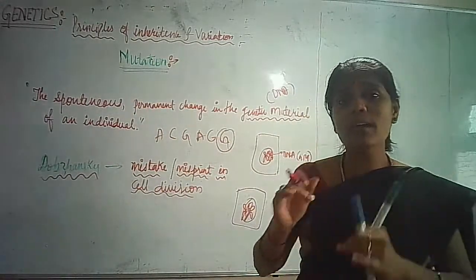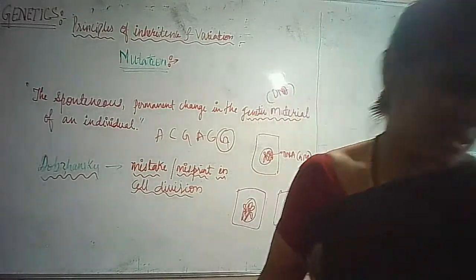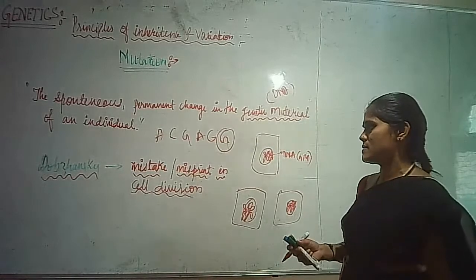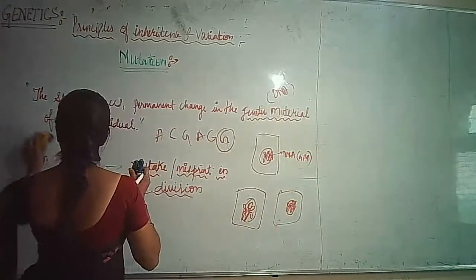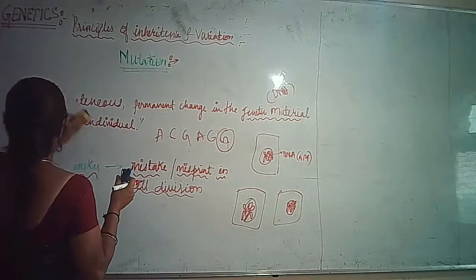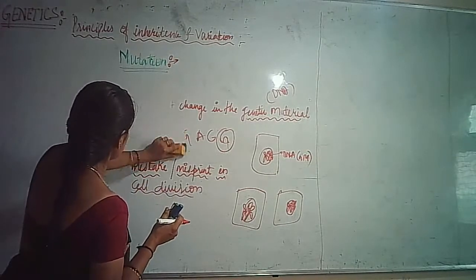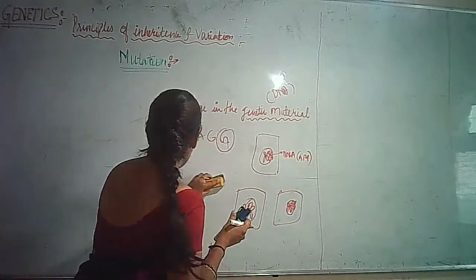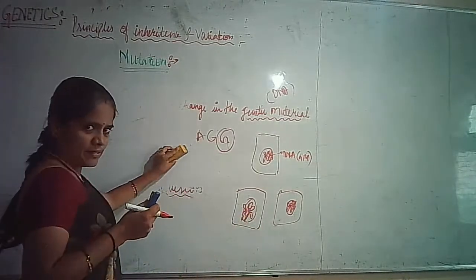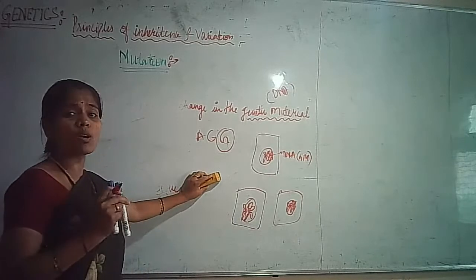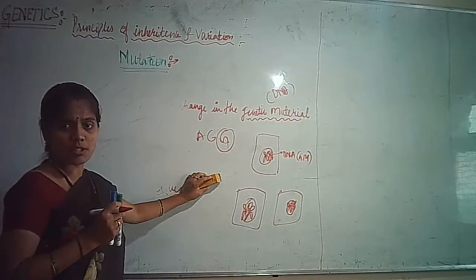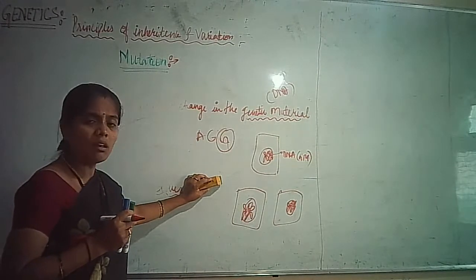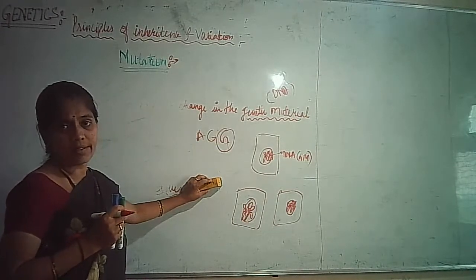What is the reason why this mistake takes place? Let me tell you the reasons. During cell division, some mistake may occur because of DNA duplication, or it is because of chemicals or other radiations.